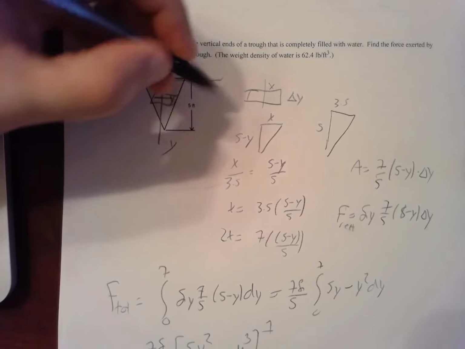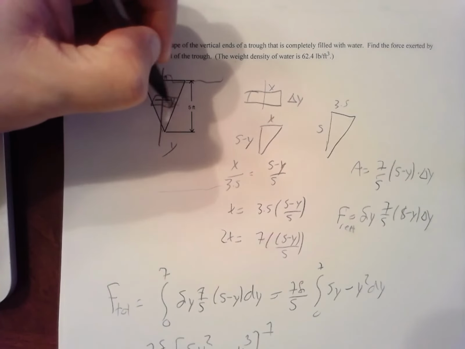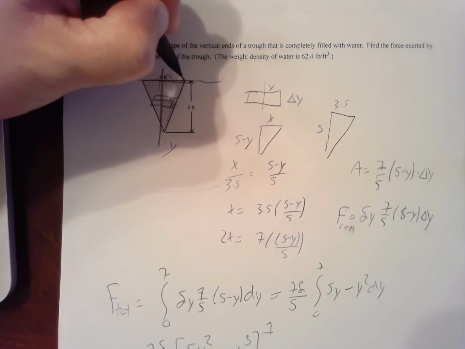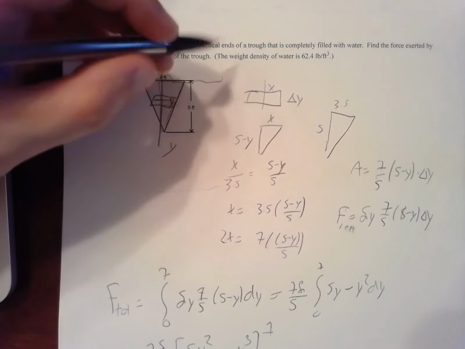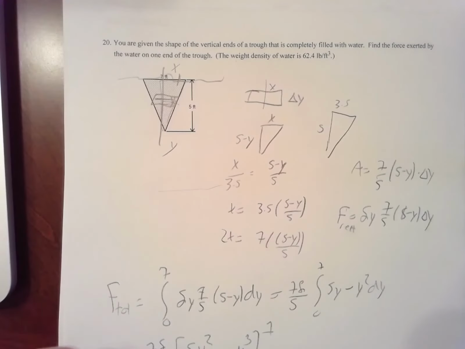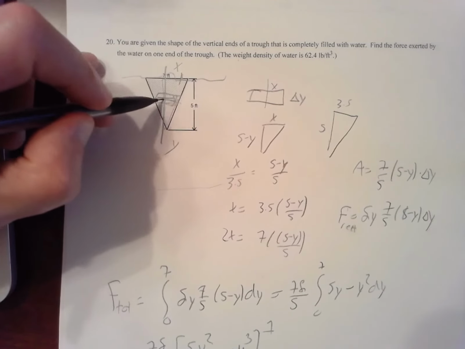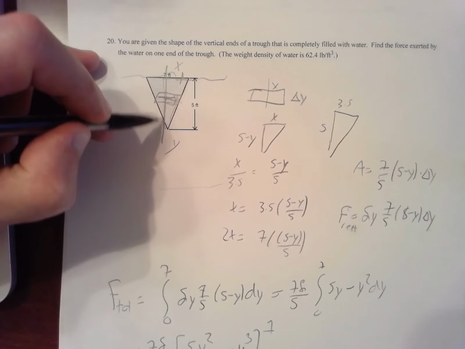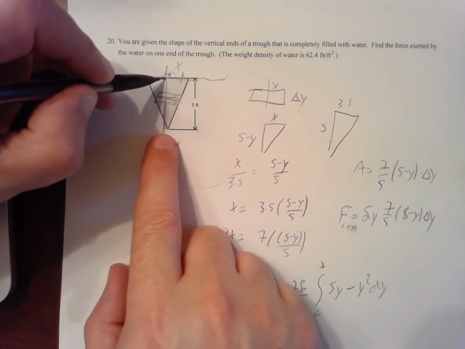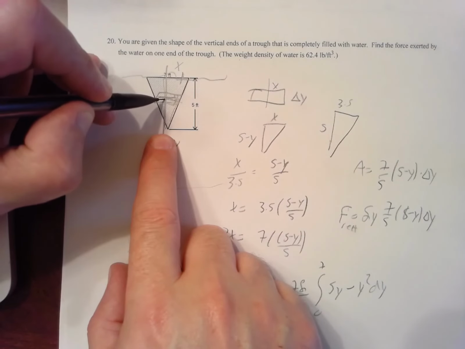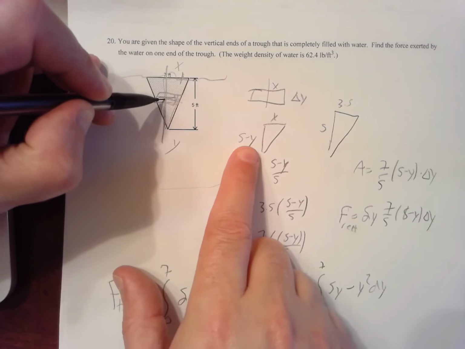So I drew a couple of triangles. So I drew this triangle versus the whole triangle. This one is some x. That's this side right here. This distance here is 5, the whole thing, minus y, right there.